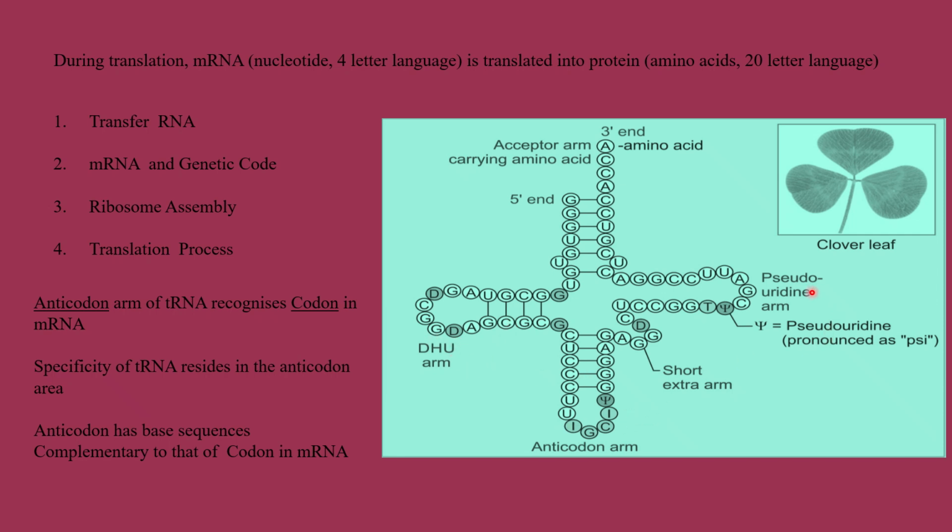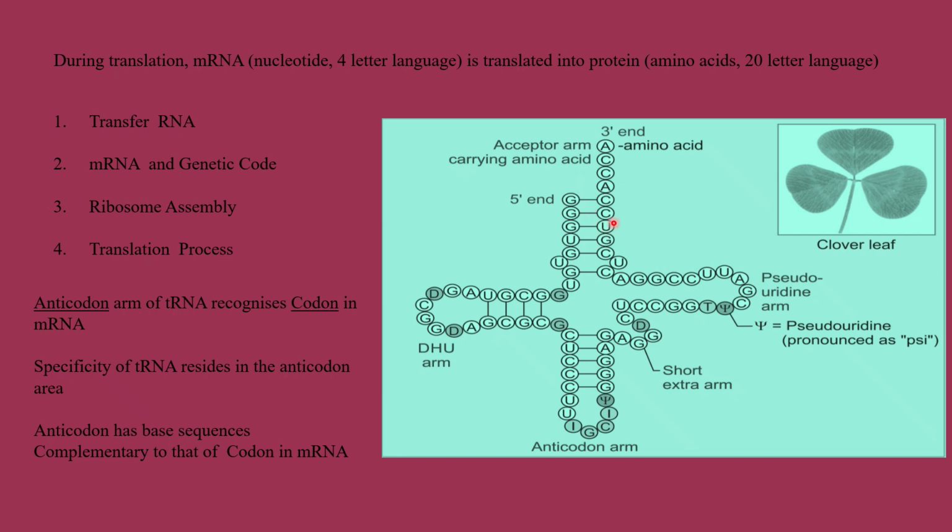arm, and pseudouridine arm. The acceptor arm consists of 7 to 9 nucleotides of 5' terminal and 3' terminal. The 5' terminal has the phosphate group, and the 3' terminal has a specific sequence of CCA, or CCA tail, and the amino acid attaches to the 3' hydroxyl group of this acceptor arm via the phosphate group.